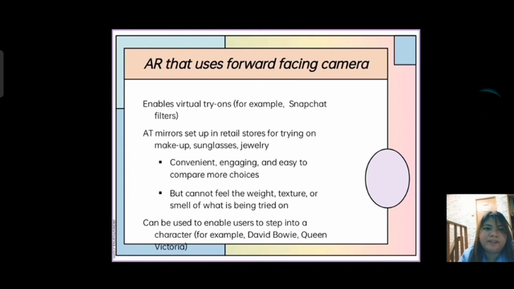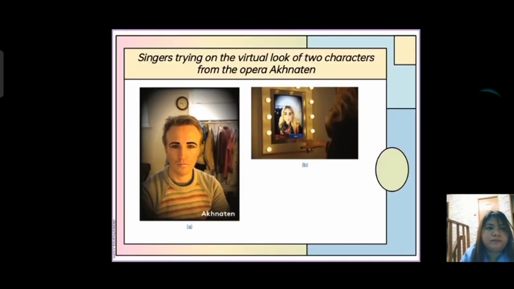But you cannot feel the weight, texture, or smell of what is being tried on. It can also enable users to step into a character, for example David Bowie or Queen Victoria, or singers trying on the visual look of a character from the opera Hamilton.